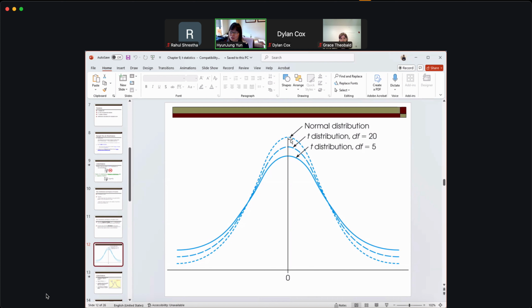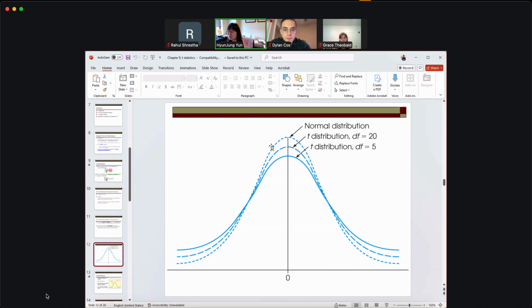As what you see, the differences are when the sample size is smaller than 30, and as the sample size gets larger, from 5 to 20, the distribution converges closer to the normal z distribution. And as the sample size and degrees of freedom go down, the t distribution is shorter, and the tail is thicker and heavier.